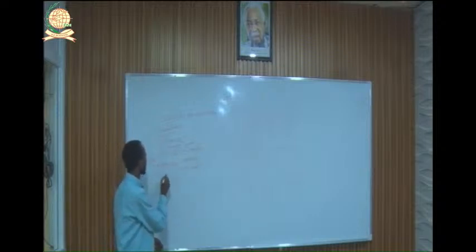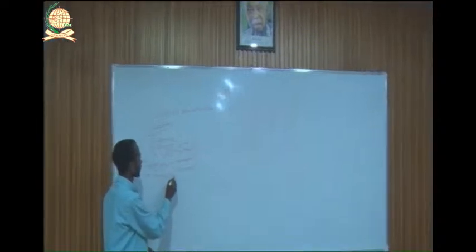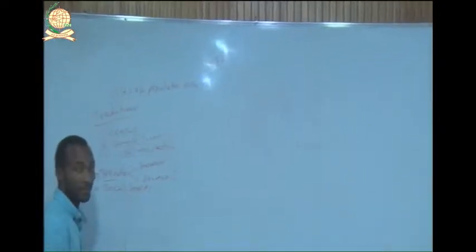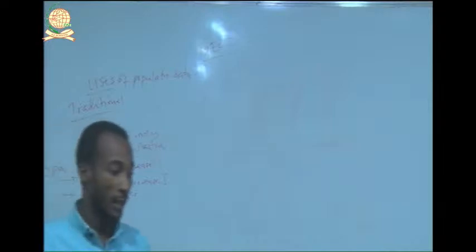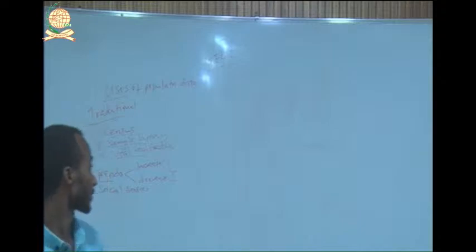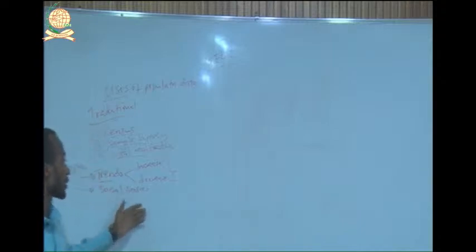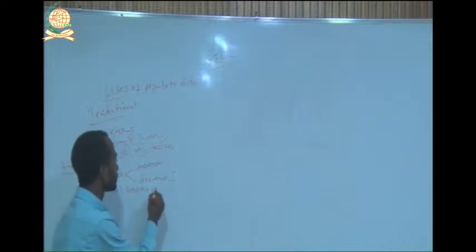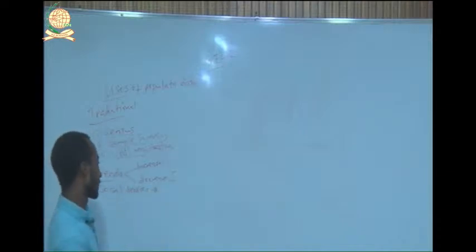Number two, planning for social services. Having the data means you can plan for anything, one of which is social services. The distribution of social services depends very much on the available number of people.